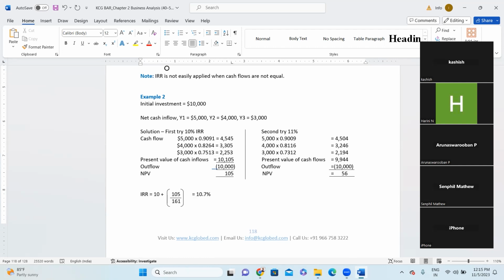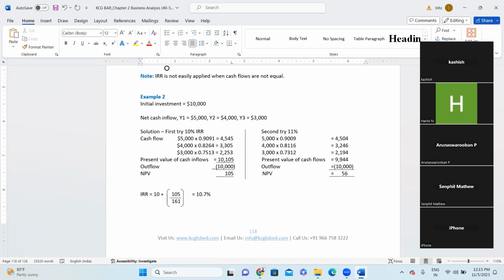For year 1 at 10% it is 0.9091, year 2 0.8264, year 3 0.7513. And at 11% it is 0.9009, 0.8116, and 0.7312 accordingly. You will multiply by 5,000, 4,000, 3,000 accordingly.